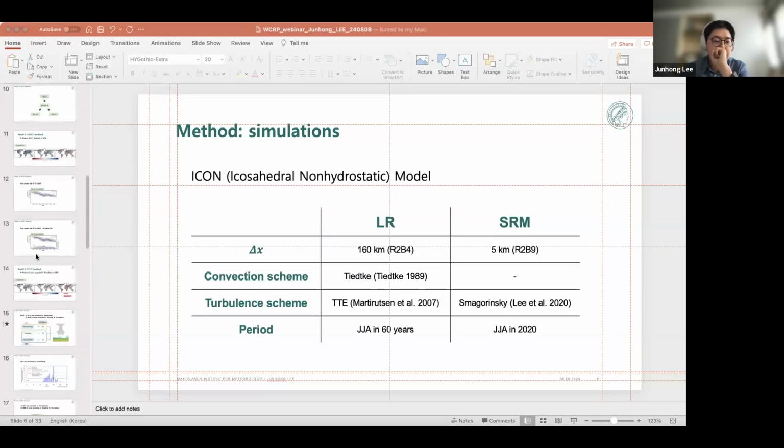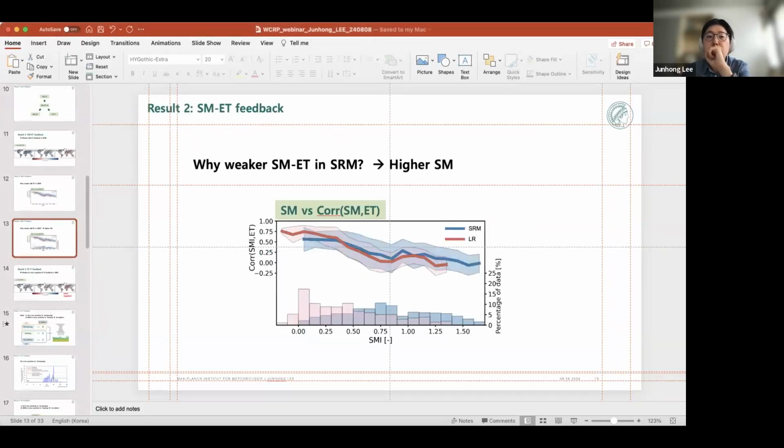Yeah. Okay, so I need to show this plot, I guess.